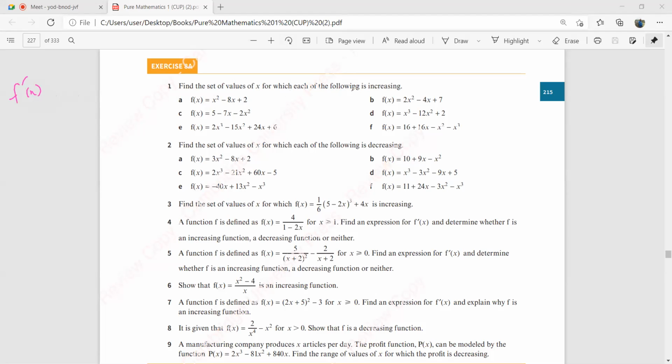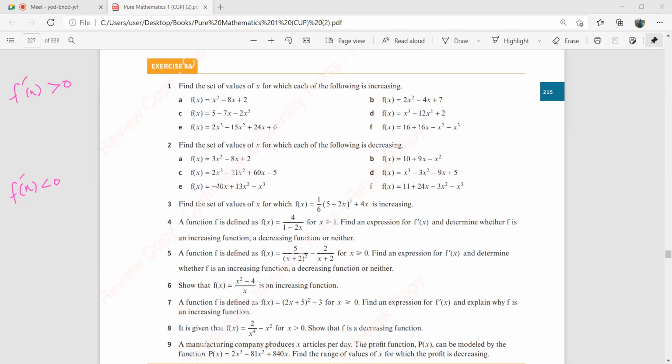For all the parts of the first question, you put that greater than 0 and get the corresponding values of x. Similarly, for the second question, you put f dash of x less than 0. Please remember the methods you use to solve quadratic inequalities, because you will be getting quadratic inequalities here.